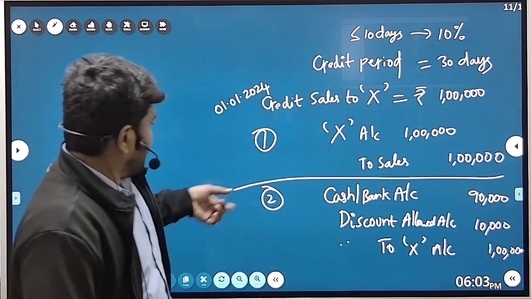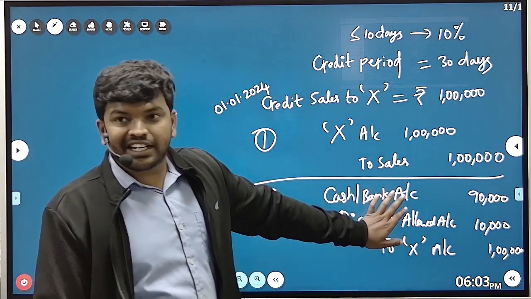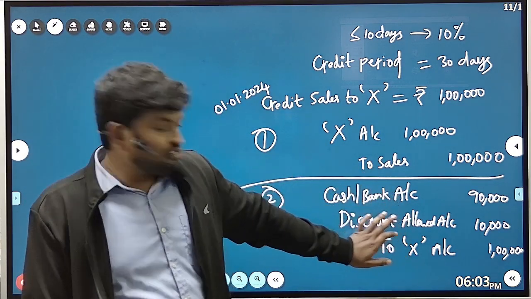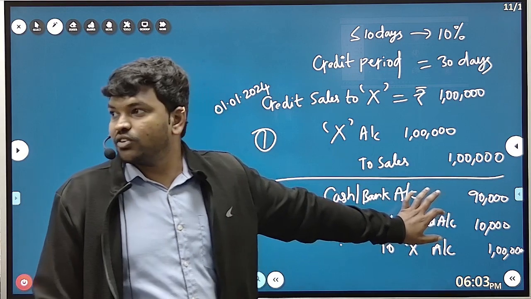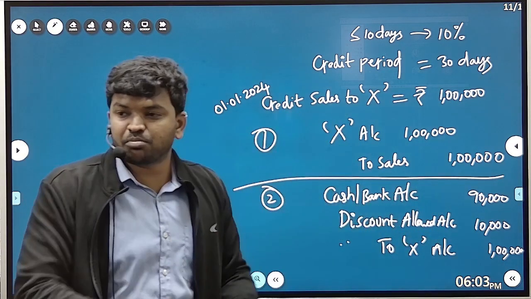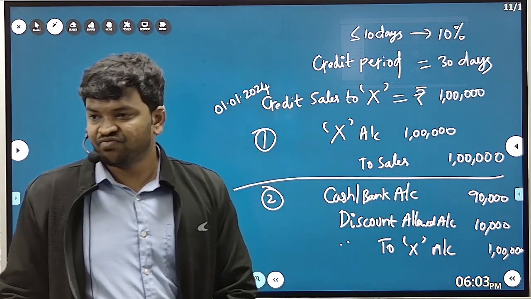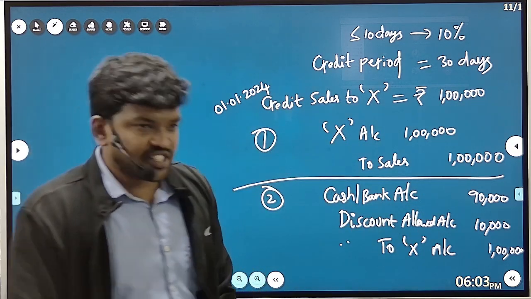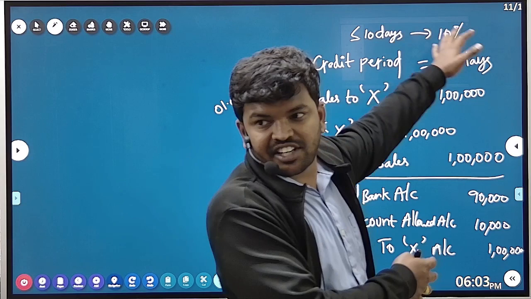Similar to bad debts, you will also create a provision for this discount allowed account. That provision and this provision are both the same. You understood the difference, right?